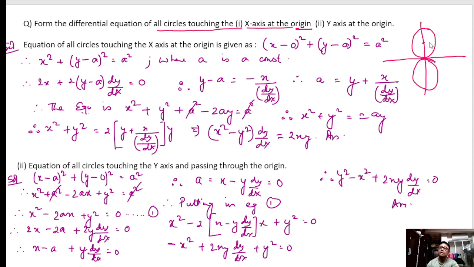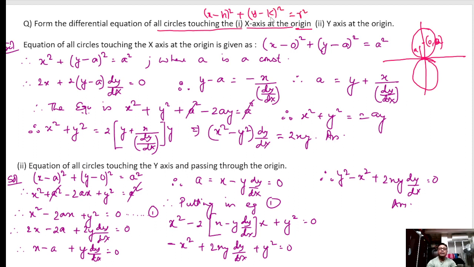Suppose this is 0 comma b, and the radius is 0 comma a, so the radius of the circle is a. We know the equation of a circle having center h comma k is given as this.